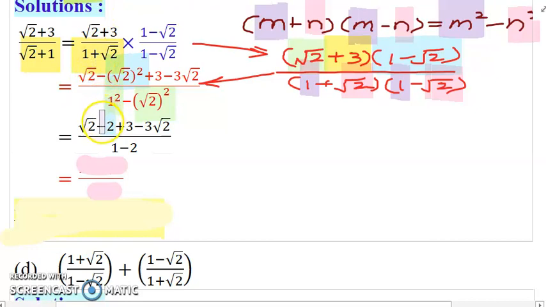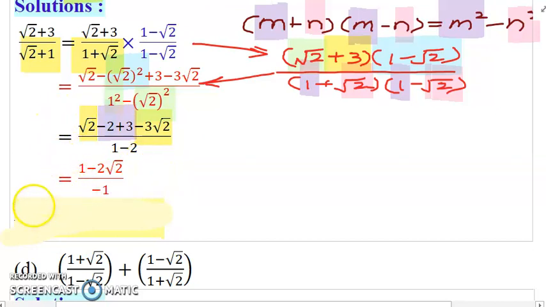We simplify between the rational numbers and the surds respectively. Simplifying the integers, minus 2 plus 3 gives us positive 1. Square root of 2 minus 3 square root of 2 gives us negative 2 square root of 2. The denominator gives the answer of negative 1.